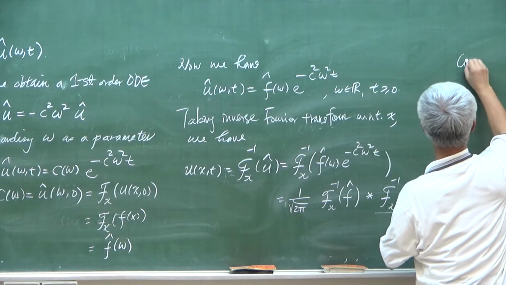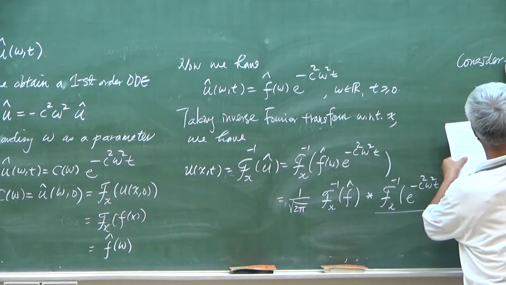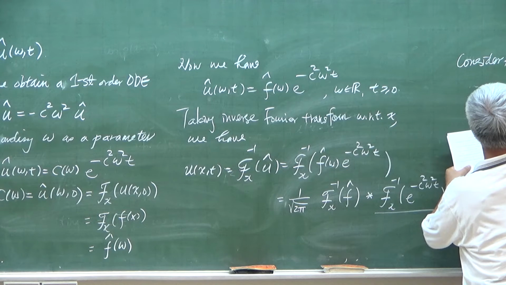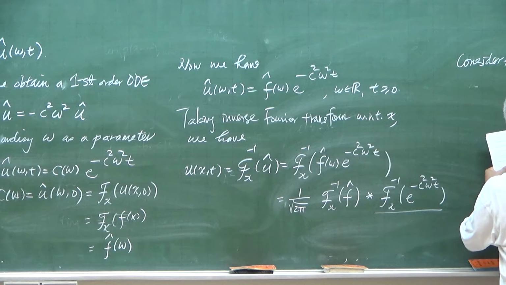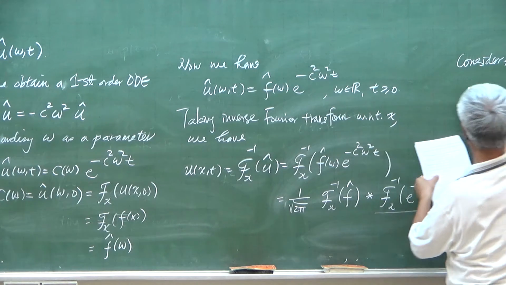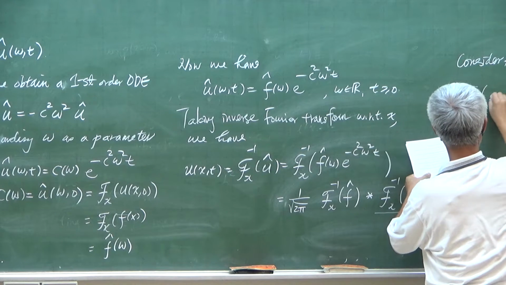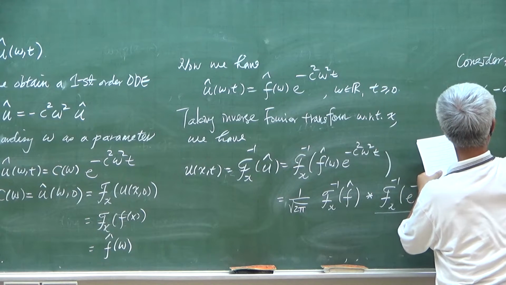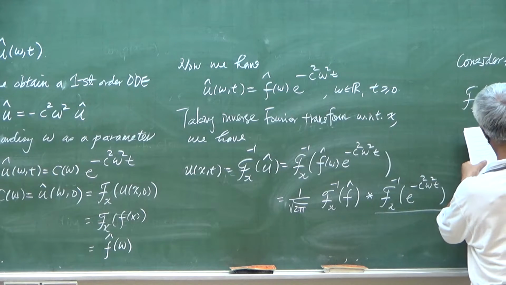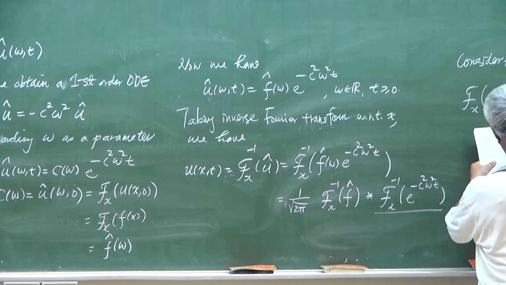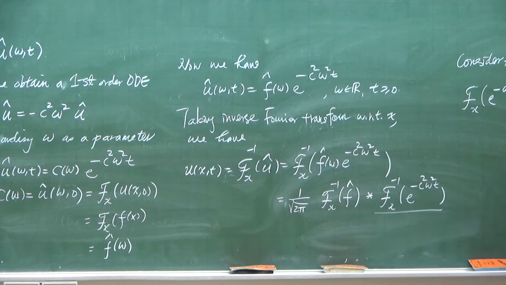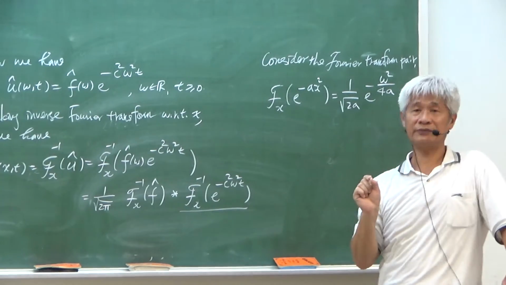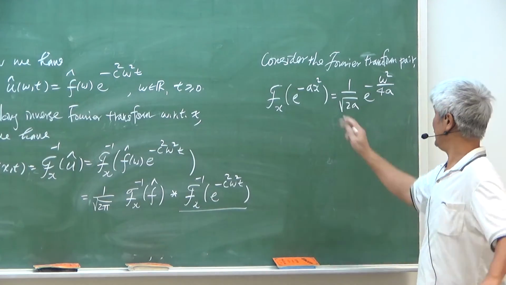So you consider the Fourier transform of e^(-ax²), which is equal to 1 over square root of 2a times e^(-omega²/4a). So you can check the table of Fourier transforms in chapter 11 to see this one.